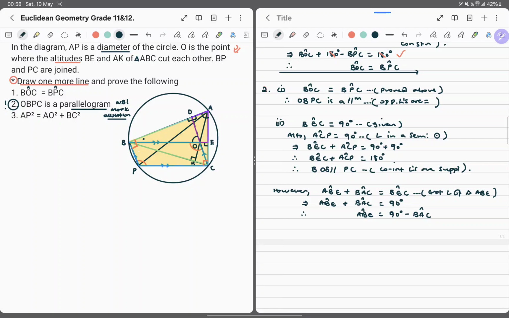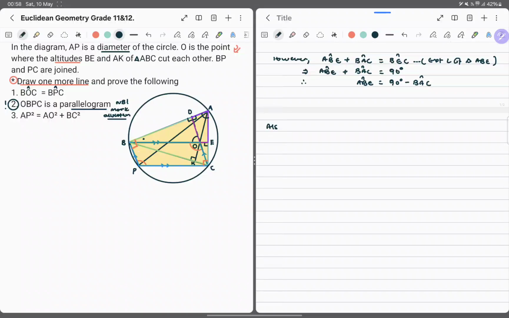So we can say here also, what do we know? Maybe let's continue in the next page.